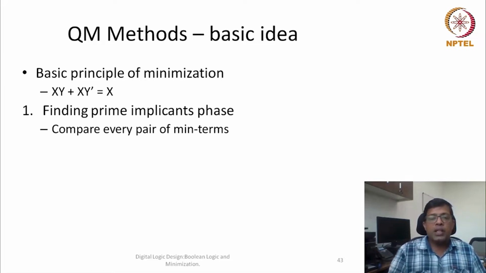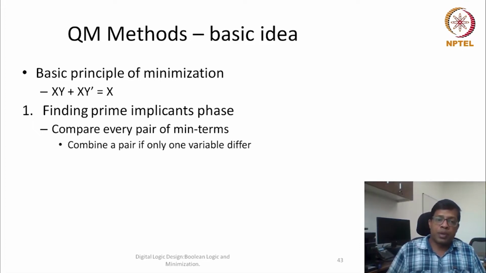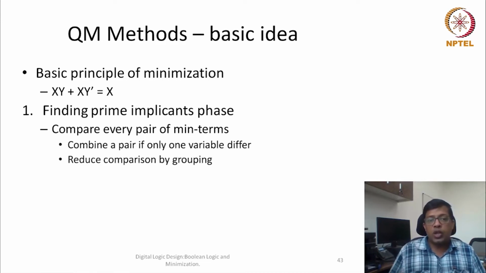Since n into n minus 1 becomes a very large number, a grouping is done. In this grouping, the number of comparisons is reduced. Two min terms could be combined only if one variable is different. So if two particular min terms differ in the number of 1s by more than 1, then we may not be able to group them.